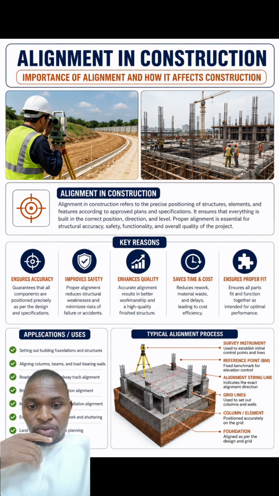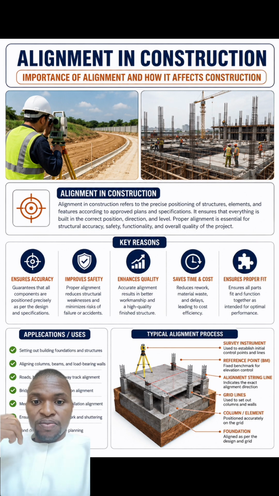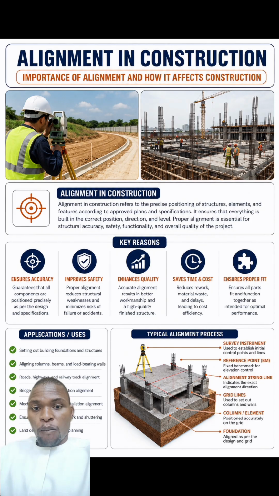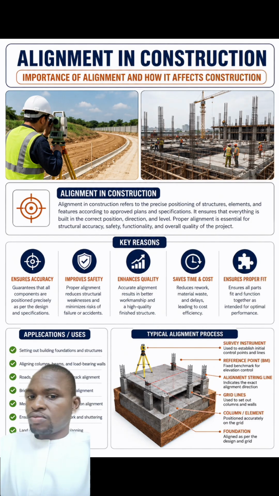So accurate alignment results in better workmanship and high quality finished structure. So for you to know a person that understands the job, right, you tend to know by checking the alignment of the work that the said person has done.